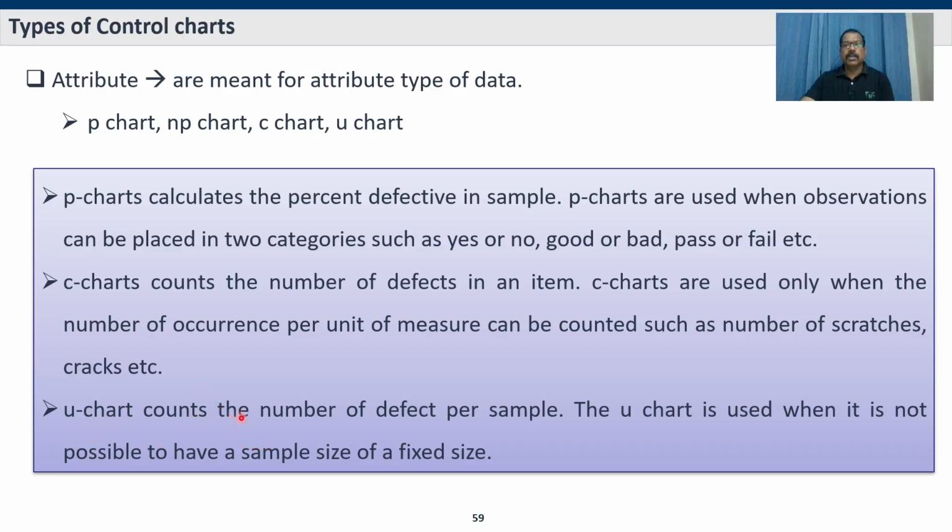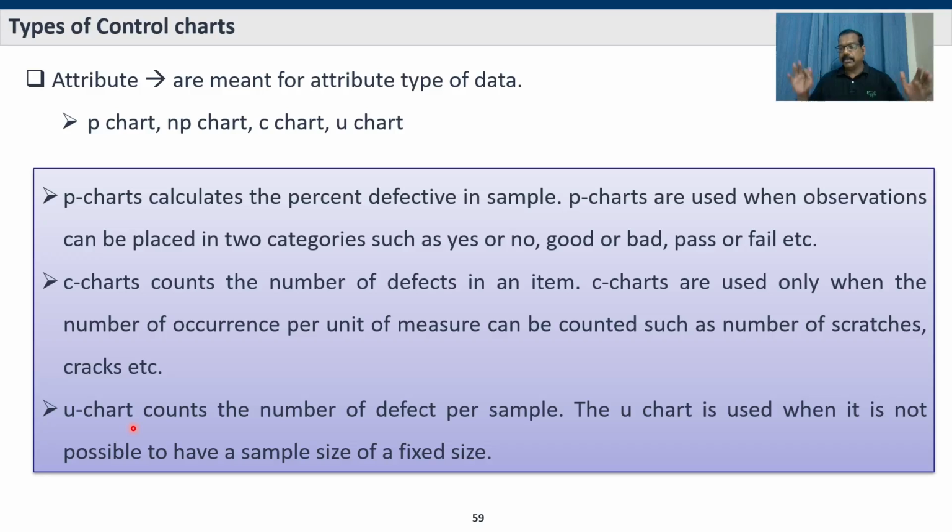U chart counts the number of defects per sample. So the difference between C chart and U chart is, the C chart counts the number of defects in one particular item, how many scratches or cracks are available. If you are counting and analyzing that, it comes under C chart. But the U chart also counts the number of defects, but per sample.